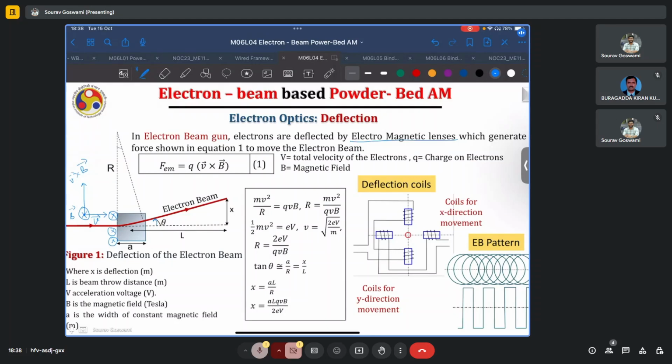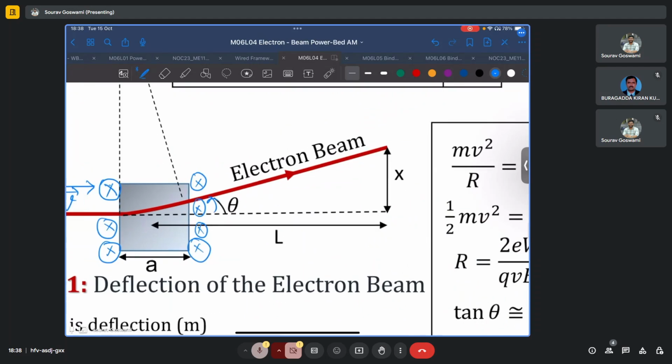Again, what can be seen is that if the magnetic field is constant over this region, whenever the electron moves by a small distance, the force acts on it along this direction, deflecting its path by a small angle. Again, the force is acting in the same direction.